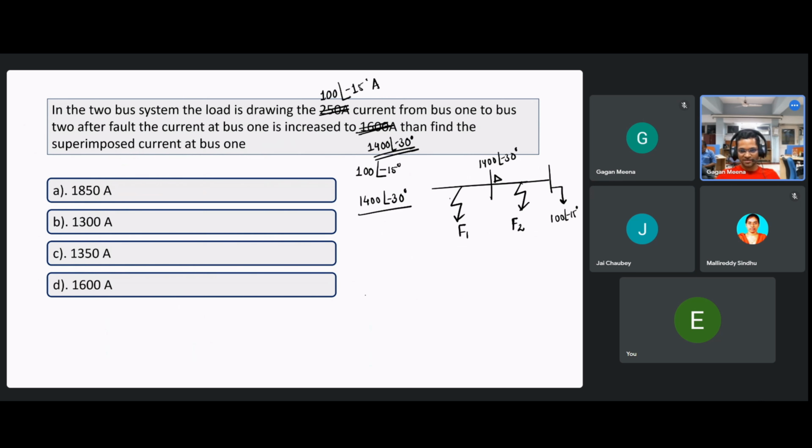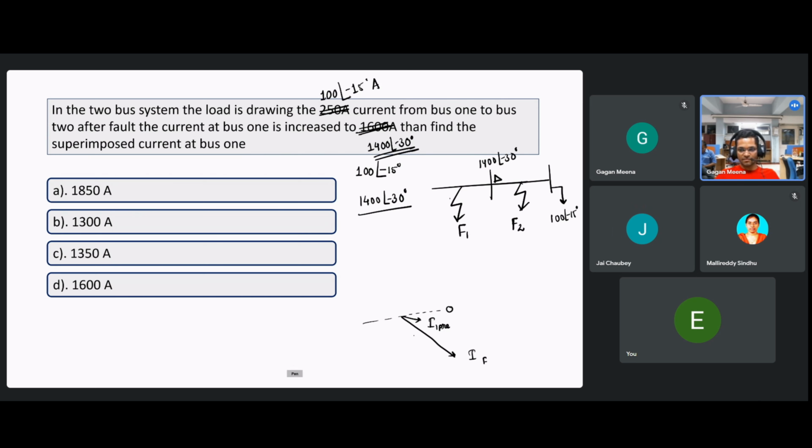This is the pre-fault current, right? And this is the fault current. This is small and this is large. This is somewhere, let's say 0 degree. This is the fault current.